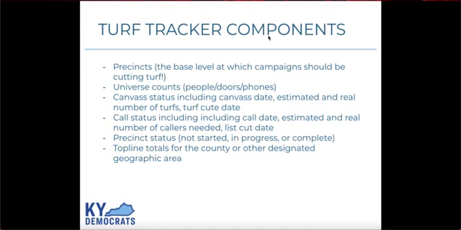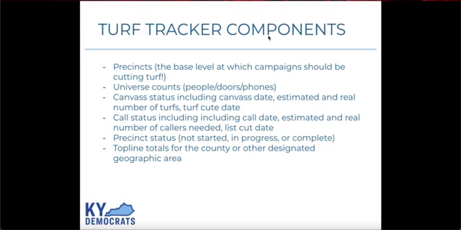I know I just talked about it a second ago while we were looking through it together, but turf tracker components: you're always going to want to have your precinct level information, because this is the base level at which campaigns should be cutting turf. Since we're talking about a turf tracker, you want to be able to track what precincts you have knocked, when they were knocked, whether they've been knocked, things like that.